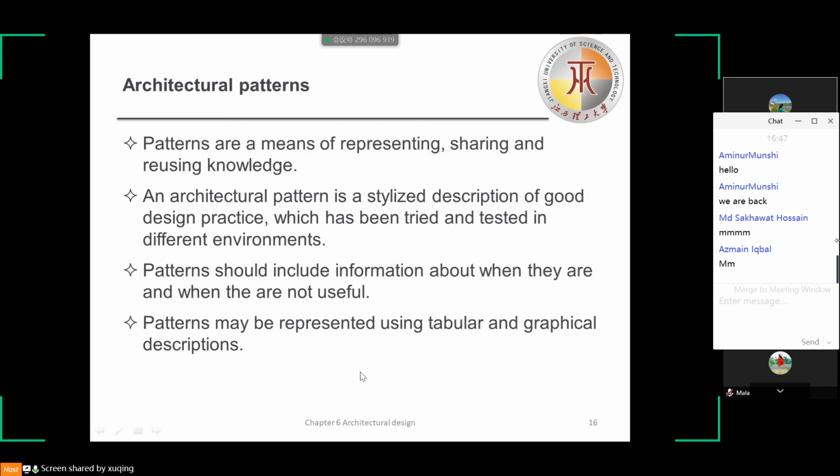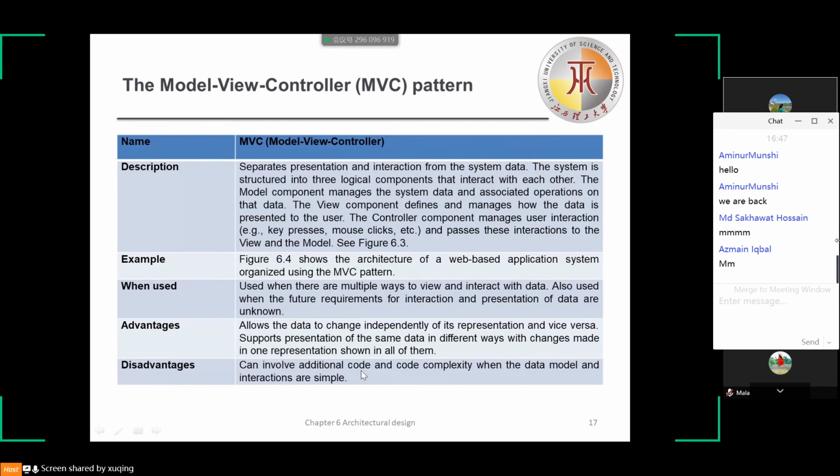Patterns may be represented using tabular and graphical descriptions. We can see several examples. Like here, this figure describes the well-known model view controller pattern.